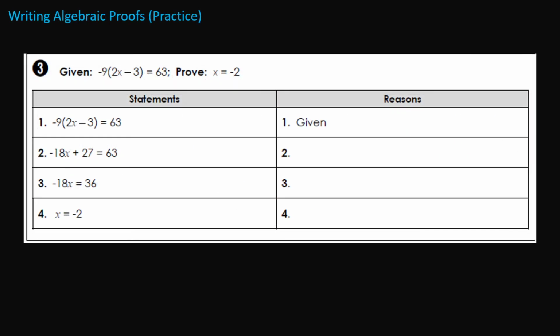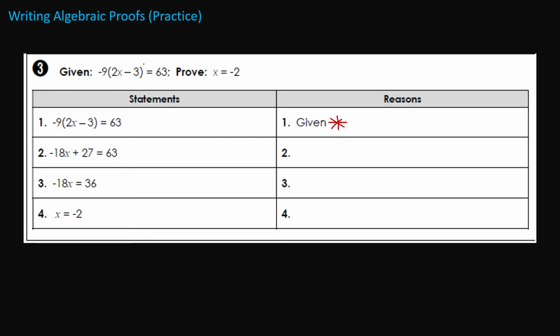So let's try out a mostly filled in algebraic proof. We are given the statement -9 times 2x minus 3 equals 63. And we are asked to prove that x equals -2. Now, in a two-column proof, we always start with the given. The first reason and statement are the given statement.